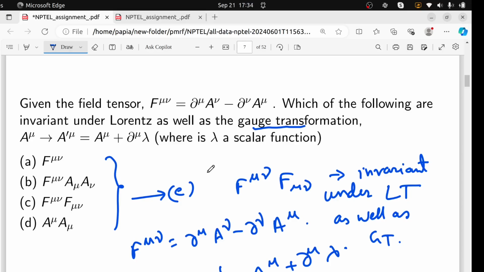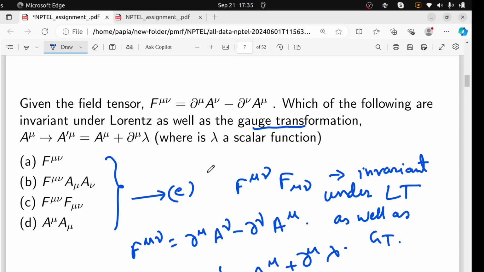Given the field tensor F mu nu equals del mu A nu minus del nu A mu, which of the following are invariant under Lorentz as well as gauge transformation? So we have to check Lorentz as well as gauge. If any of them is not invariant, then obviously we will not see the other one.